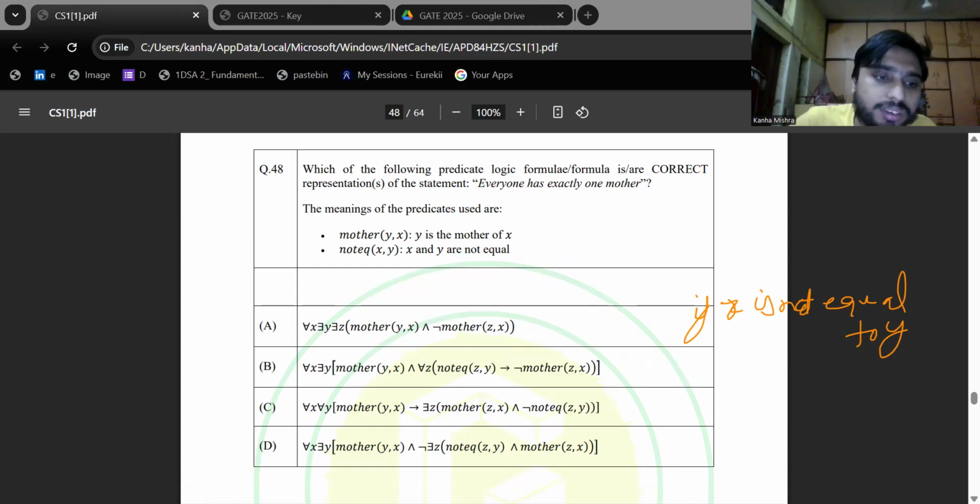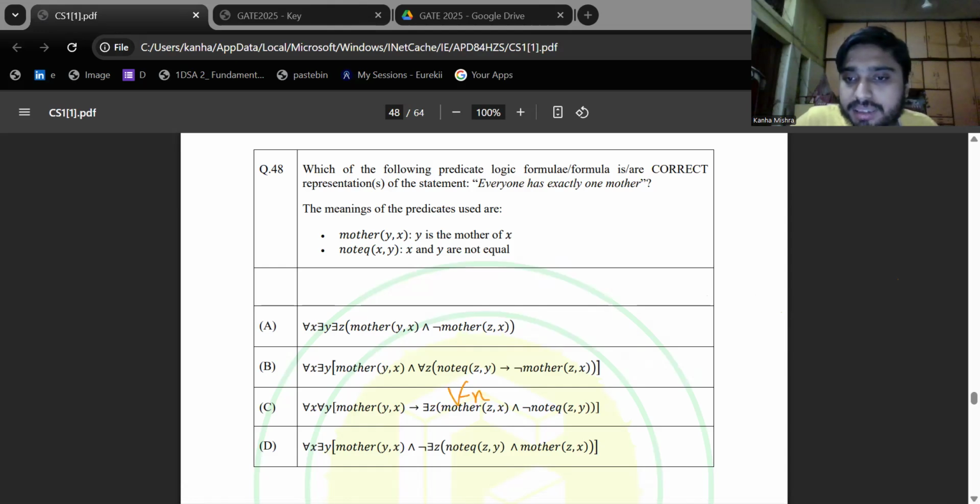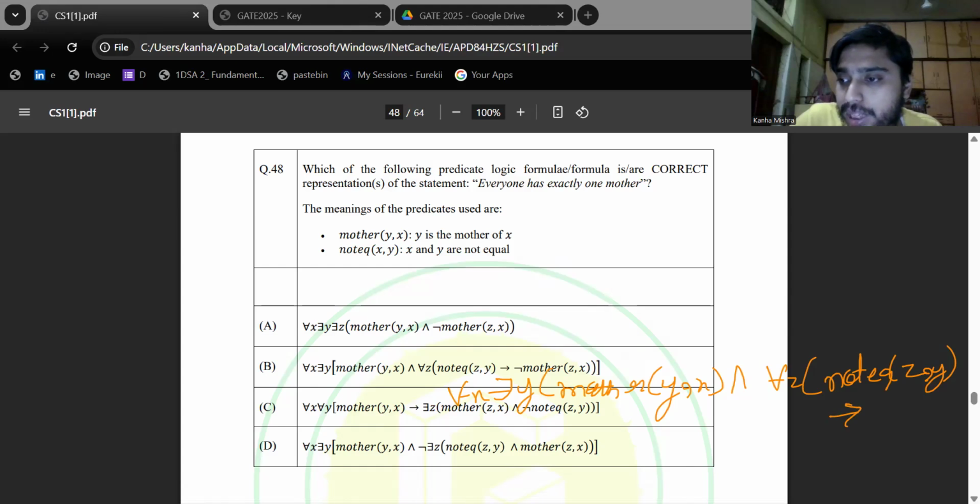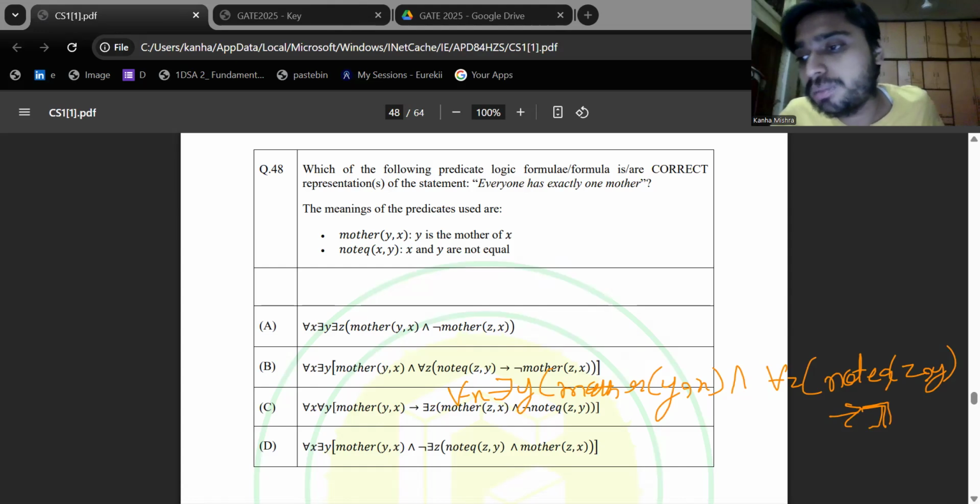So for every x, there exists a y such that y is the mother of x, and for every z, if z and y are not equal, this implies z is not mother of x.